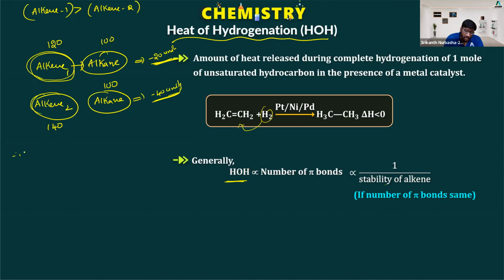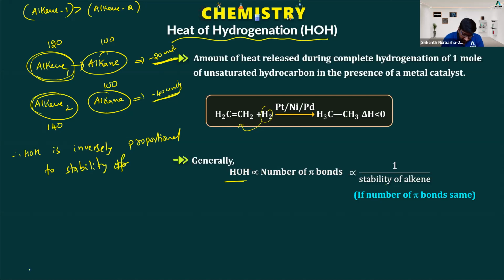Heat of hydrogenation is inversely proportional to stability. Inversely, because if alkene is already stable, it will be converted to alkane and less amount of energy is released. If alkene is unstable, it will convert to alkane and more amount of energy is released. So stable alkene will be releasing less energy. So heat of hydrogenation is inversely proportional to stability of alkene.